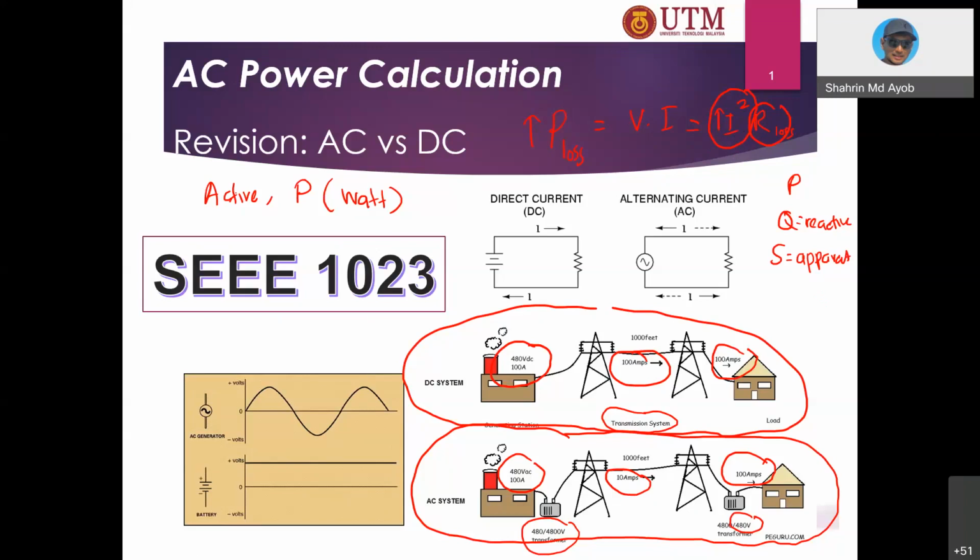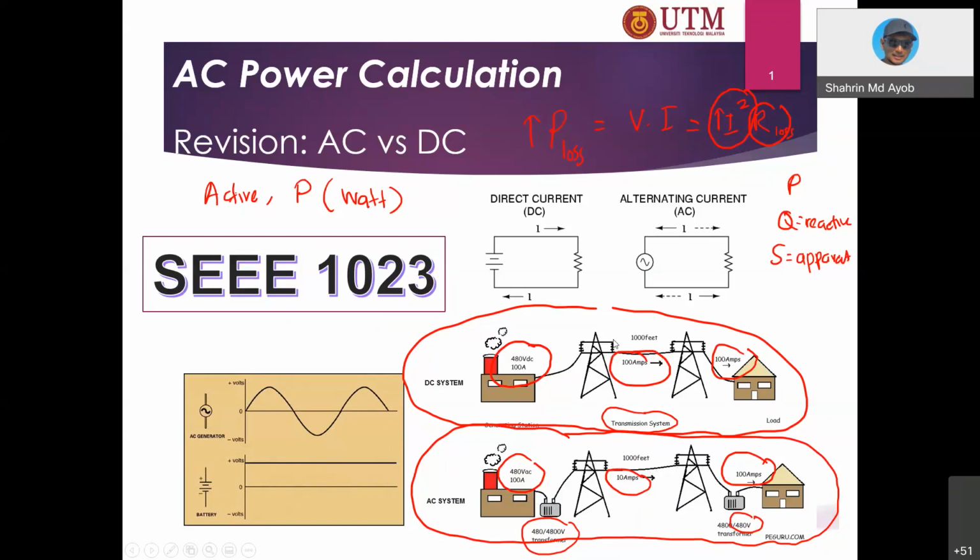At the same time, to transmit AC power, very low grade cables can be used, meaning the cost to construct the cable is very cheap compared to DC power transmission.